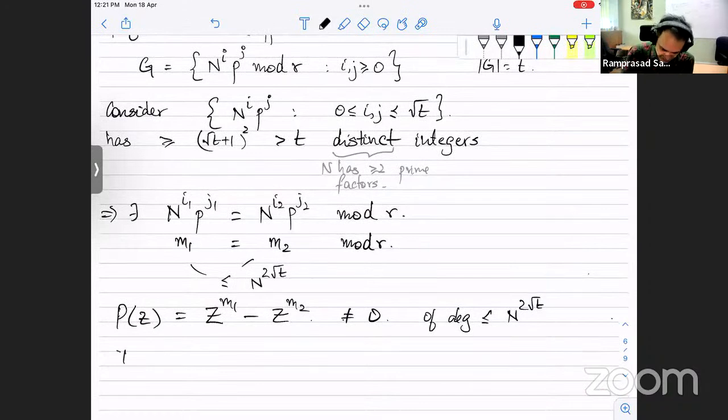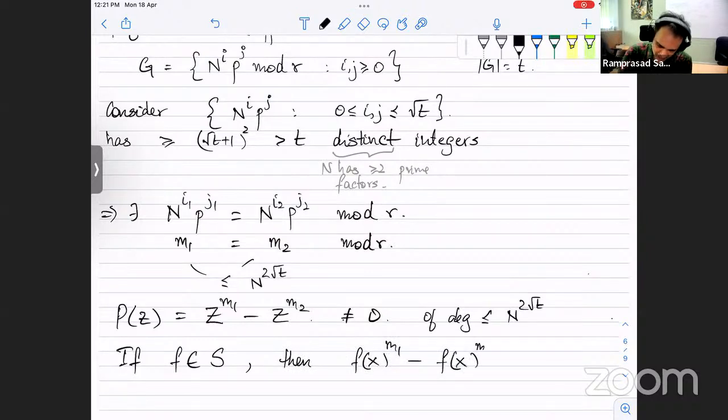If you pick any f inside this set S, the set of introspective numbers that you had, then what is f of x power m1 minus f of x power m2 going to be?